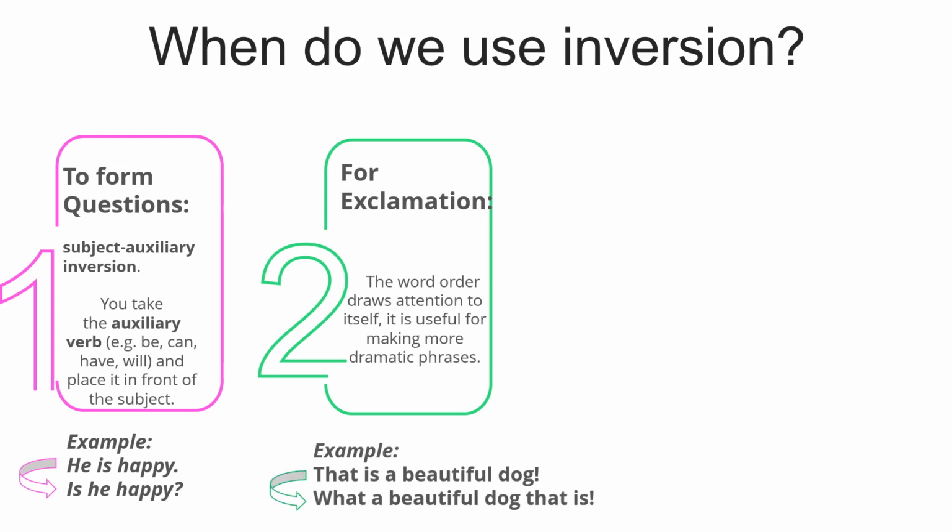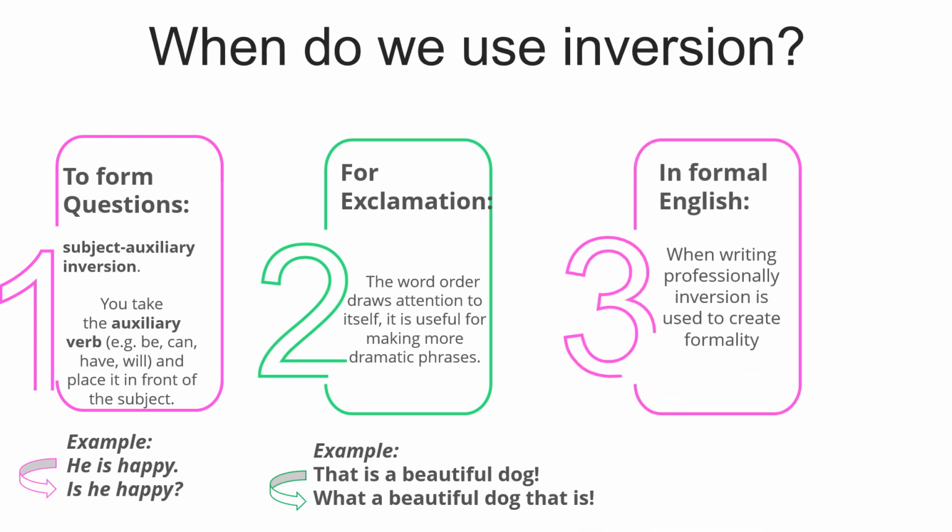For example, if we have a simple sentence that starts with a subject, verb, and object, that is a beautiful dog, then we use inversion on it, so it becomes, what a beautiful dog that is. Here we are showing exclamation and how surprised and shocked we are.